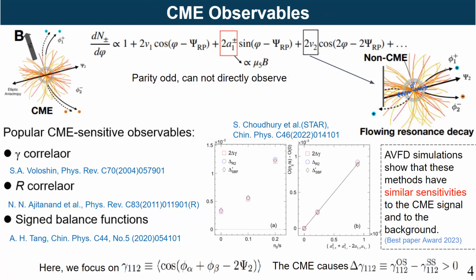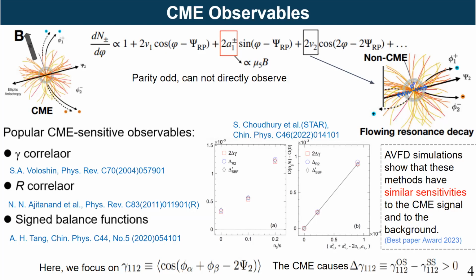So the CME observable. Since we are searching for the charge separation along the B direction, and in the experiment B is perpendicular to the reaction plane, where the reaction plane is spanned by the beam momenta and the impact parameter, instead of looking at the B direction, we look at the reaction plane direction.